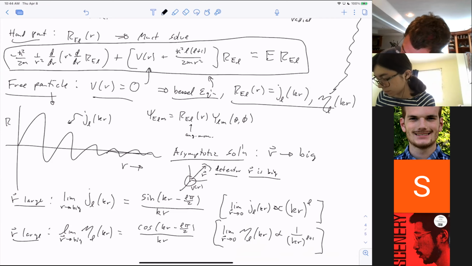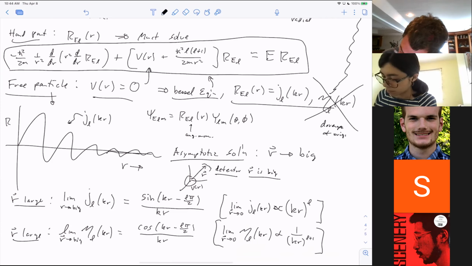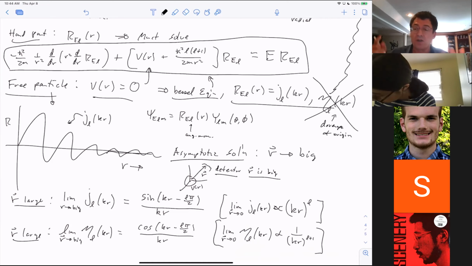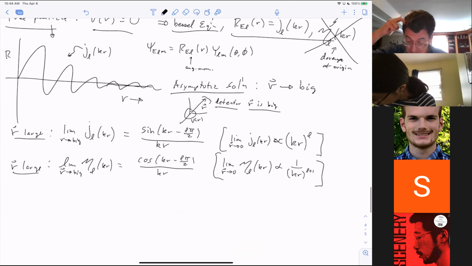We cross it out, because it diverges at the origin, and a free particle is free to go to the origin. But the reason I'm going on about the Neumann function is that we will use it later on.